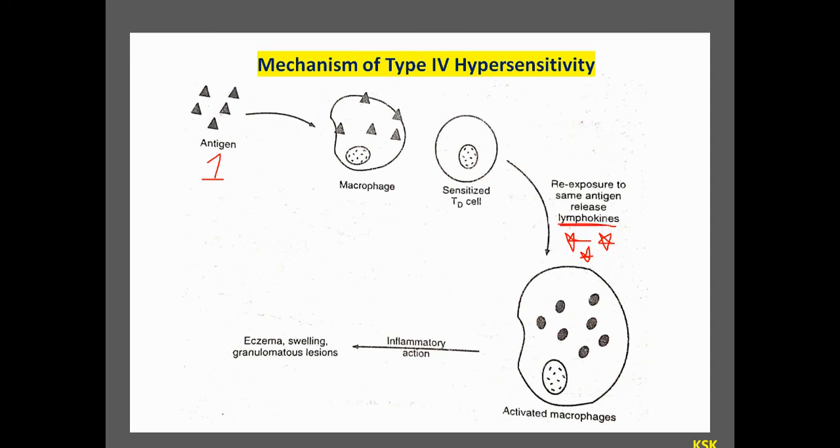These lymphokines cause the inflammatory action, and finally lead to clinical conditions known as eczema, swelling and granulomatous lesions. These are the changes taking place under type 4 hypersensitivity reactions.